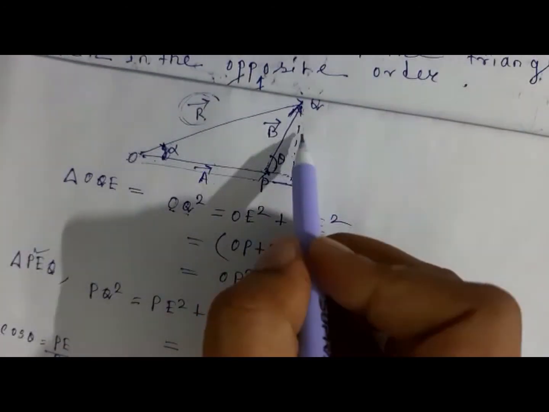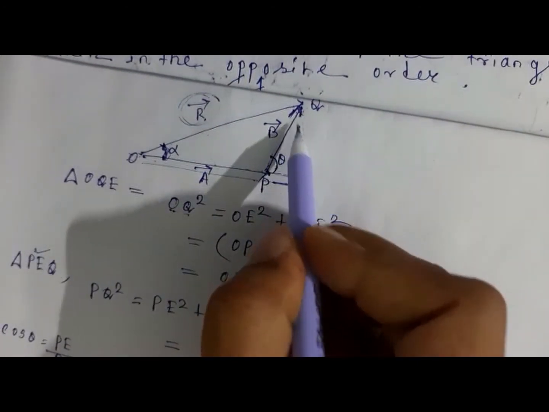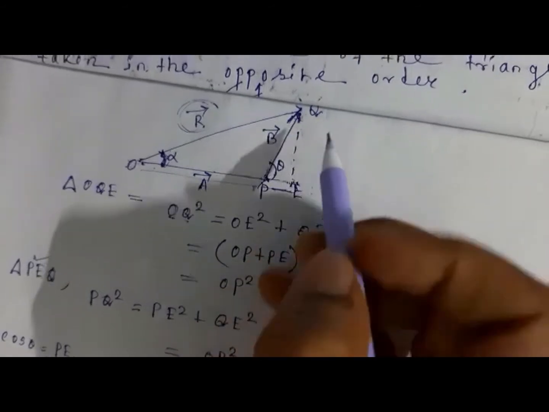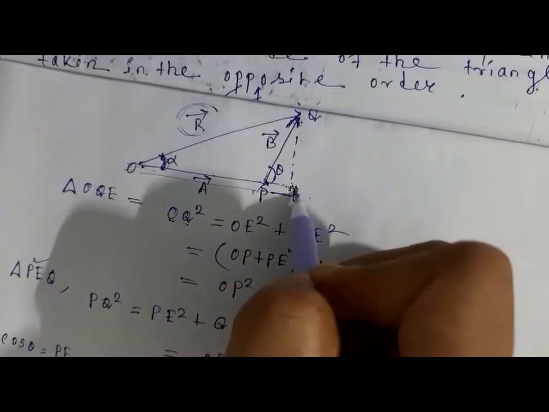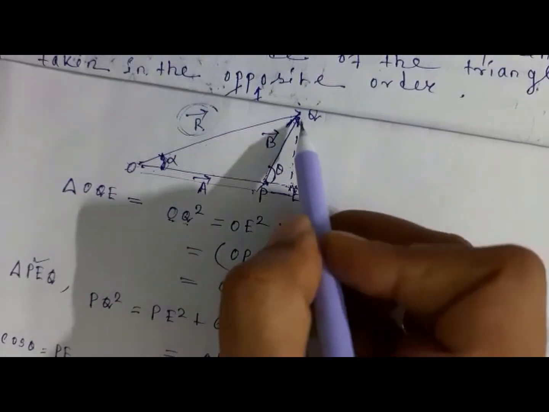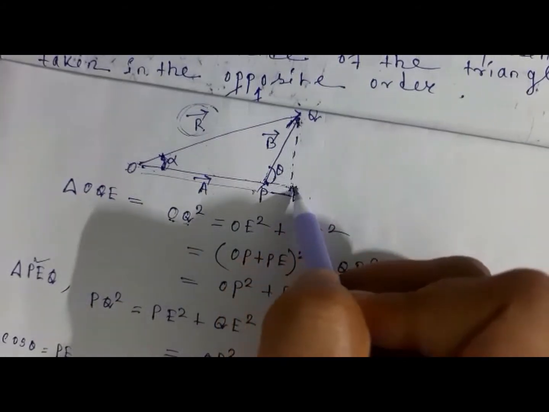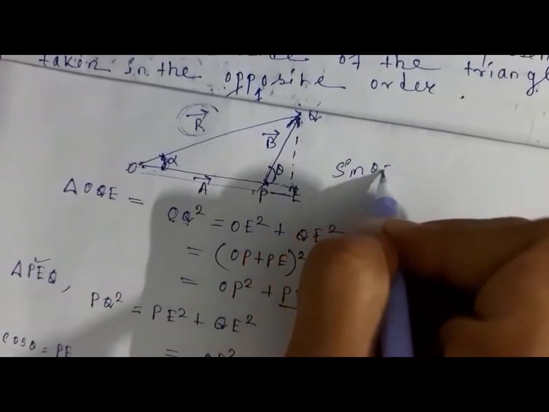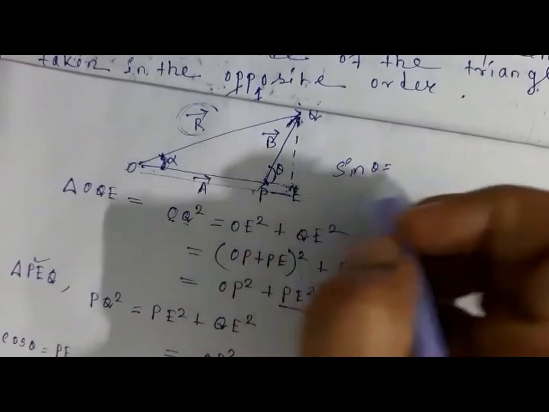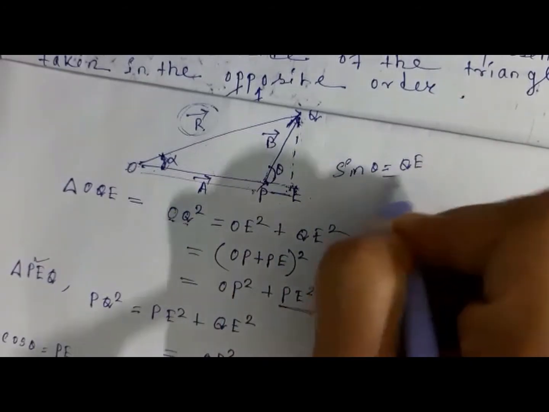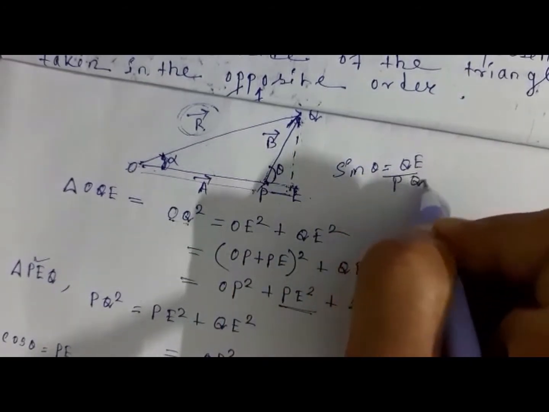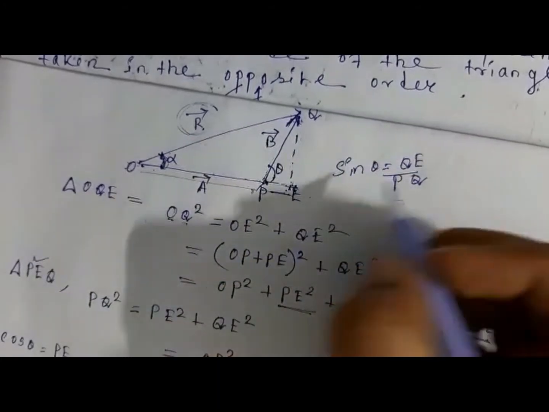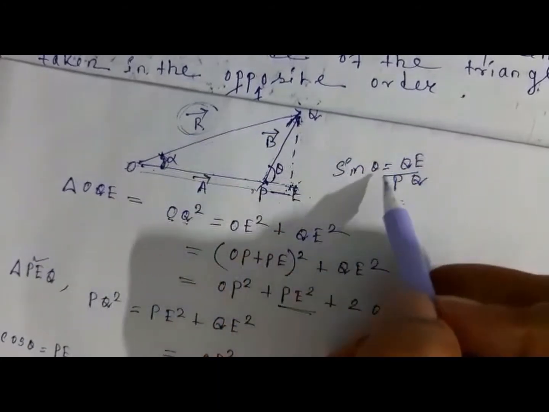We can find QE from this triangle. If I want to find QE, I have to consider something which will include this side. Suppose I consider sine theta, it will include QE and PQ.